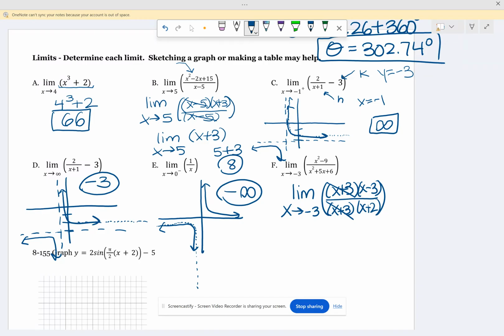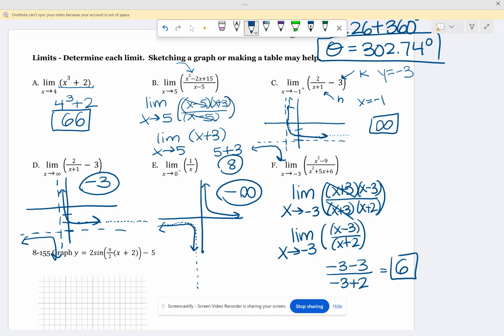They reduce to 1. So we have the limit of the quantity x minus 3 divided by the quantity x plus 2 as x approaches -3. So at this point, we'll input -3. So -3 minus 3 divided by -3 plus 2. So our answer here is -6 divided by -1. So our answer is just 6.